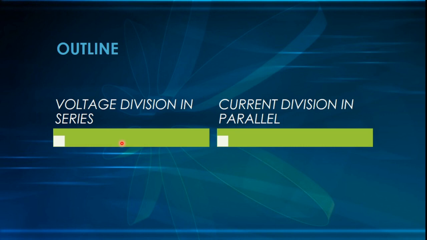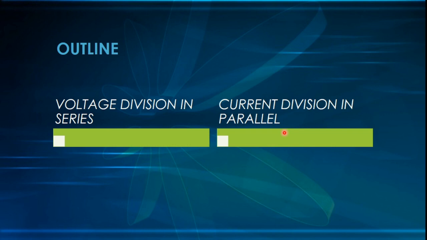In a series connection, the current will remain constant, but voltage will be different for both the resistors. If there are three resistors, voltage will be different for all three, but current will be the same among components that are connected in series.